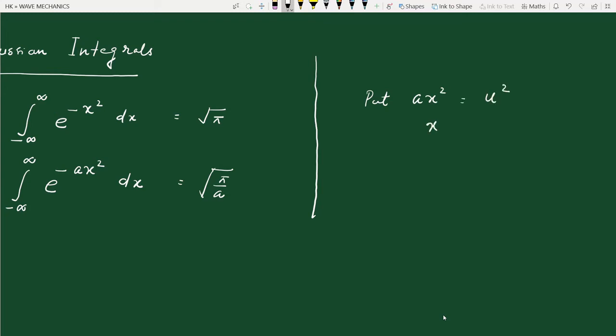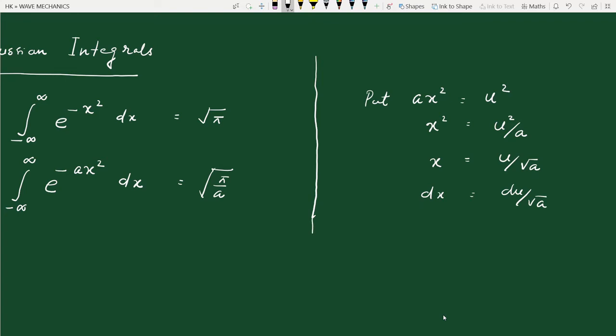Then x square is equal to u square by a, or x is equal to u by root a, dx is equal to du by root a.